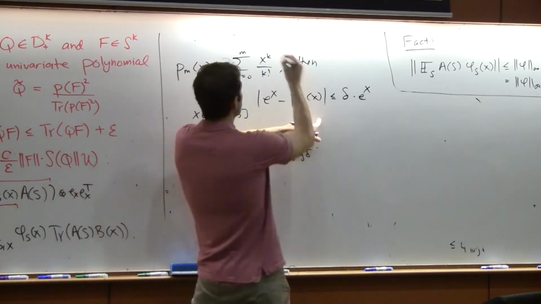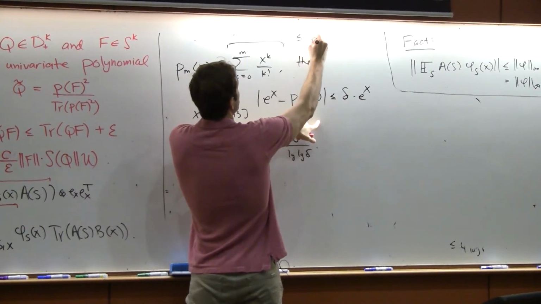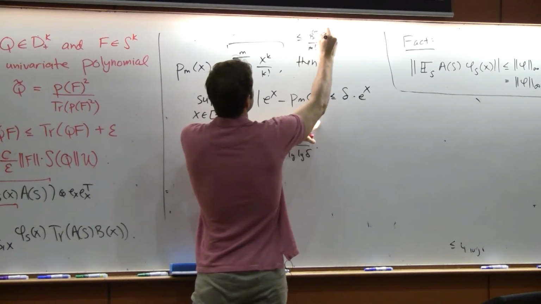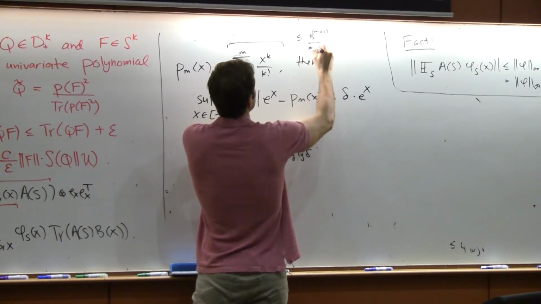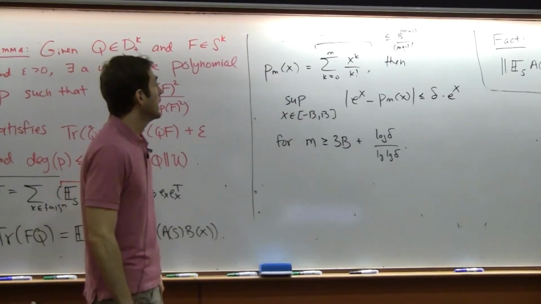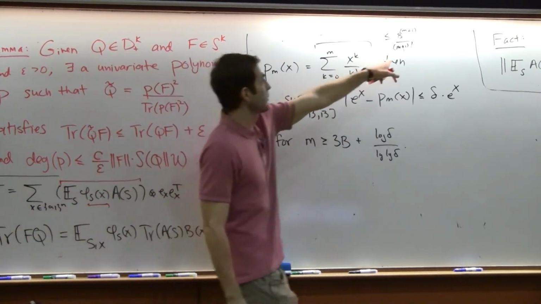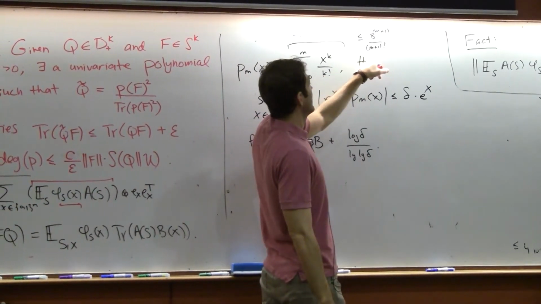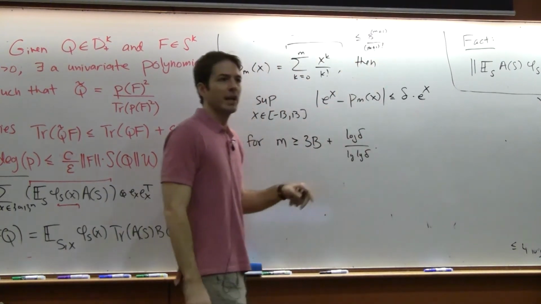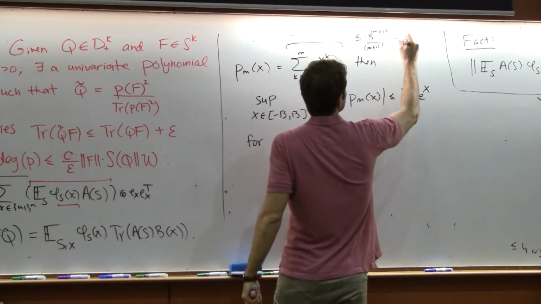This is not very interesting, but the point is the remainder term here is at most b to the m over m factorial. Maybe use b to the m plus 1 over m plus 1 factorial. So if you want that to be small, you should choose m to be about b. Because this is growing like m to the m, and this is like b to the m, you should choose m to be a constant times b, and then this will be small.